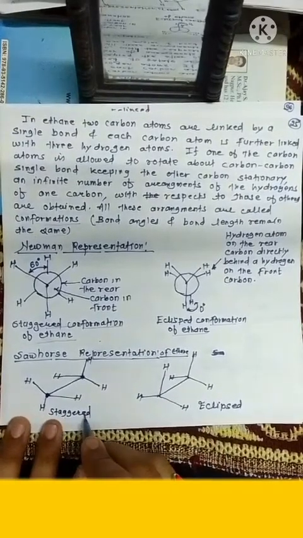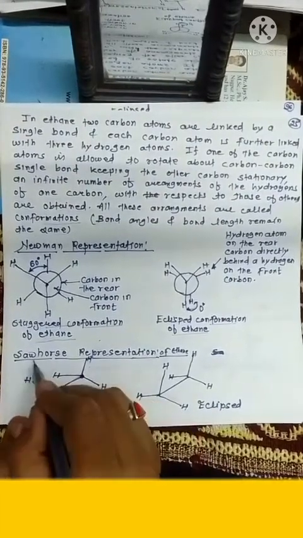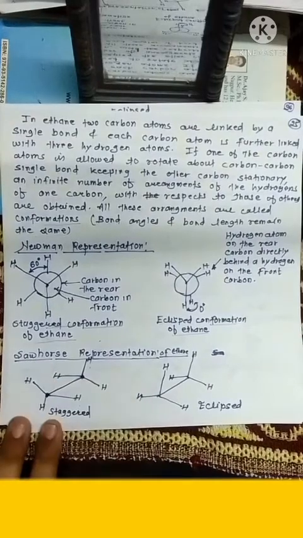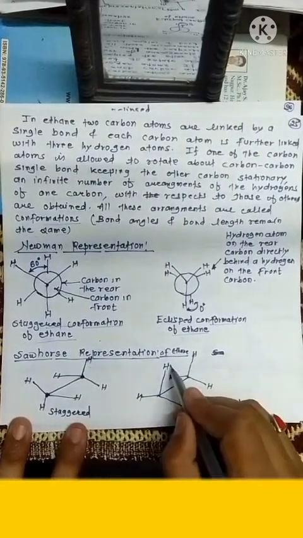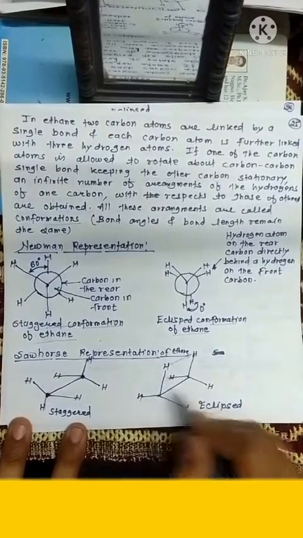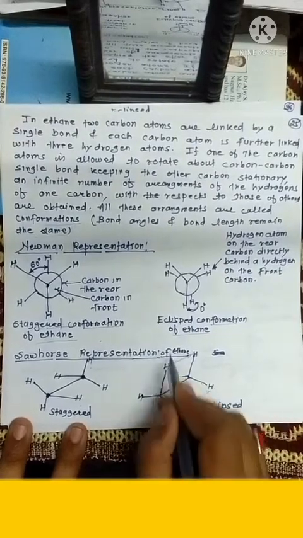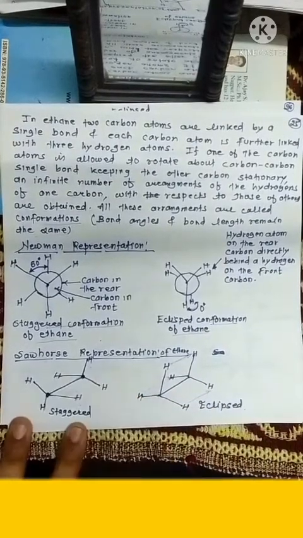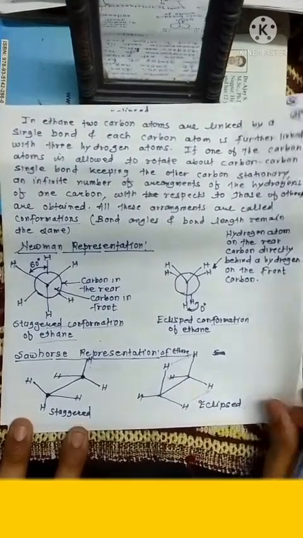It is known as the staggered conformation of ethane in Sawhorse method. If all hydrogens come parallel to each other, then it is known as the eclipse conformation of ethane in Sawhorse method, which looks like this.